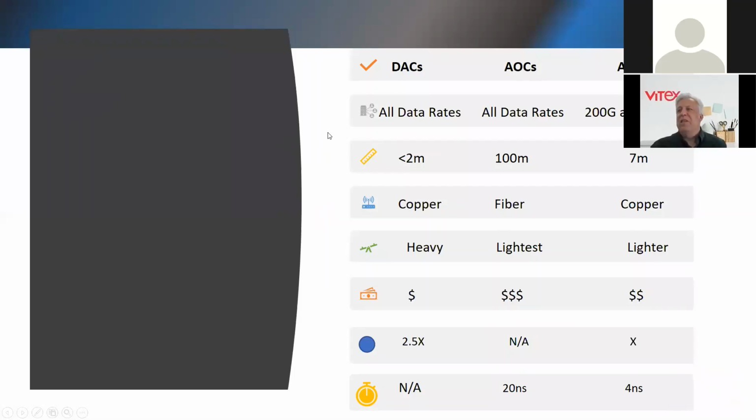Okay, in conclusion, some of the parameters we want to look at are data rates. The DACs at this point in time offer all the data rates. We've got 10 gig DACs, we've got 10 gig AOCs. The AECs, we've got 200 and we have 400.